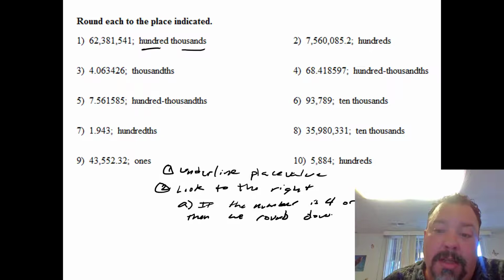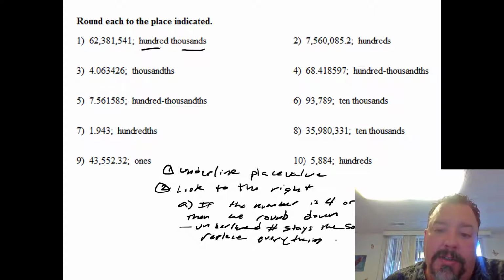Round down means that the underlined number stays the same, and then we replace everything to the right with zeros.